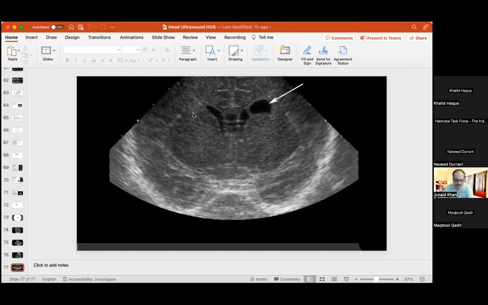Whenever you have pictures in front of you, don't directly go to the report. Try to first judge by yourself which structure this is and what the abnormality is, interpret it yourself, and finally see the report.